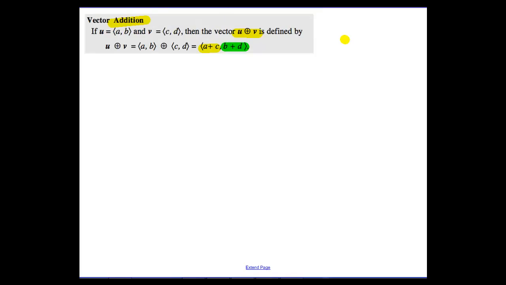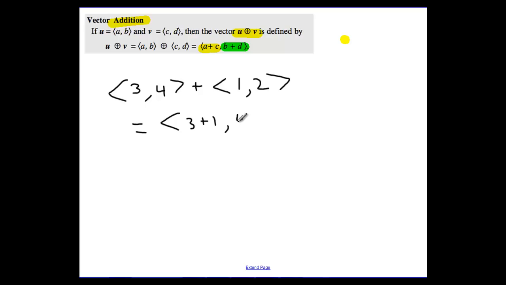So given some vector 3, 4, if I wanted to add that vector 3, 4 together with the vector 1, 2, this is going to equal a new vector 3 plus 1, comma, 4 plus 2, which is the vector 4, comma, 6.